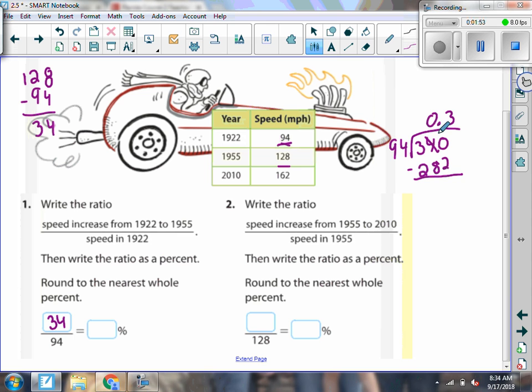So I'm going to carry my ones. So 10 minus 2 is 8. I have to carry my 1 again. 13 minus 8 is 5. That's 2 minus 2, which is 0. So I'm going to add another 0 here. 94 goes into 580 6 times.